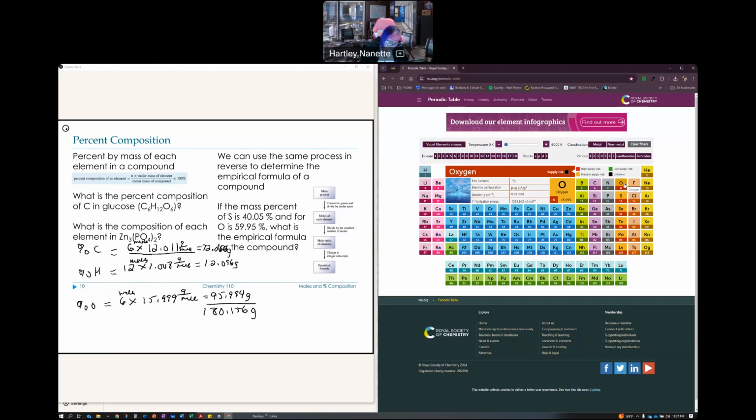And so each one of these is going to be divided by the 180.156 grams. Since this gives me grams on the top divided by the grams on the bottom, that means that that percentage is going to be unitless.